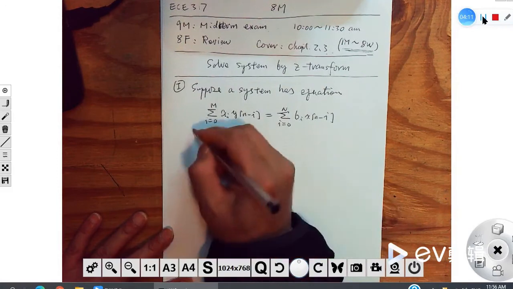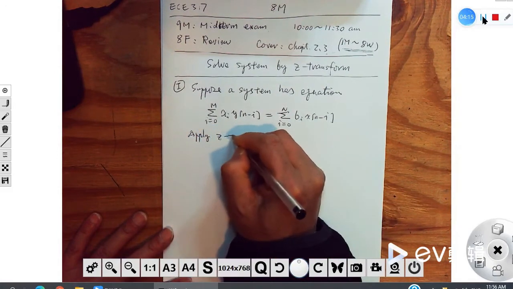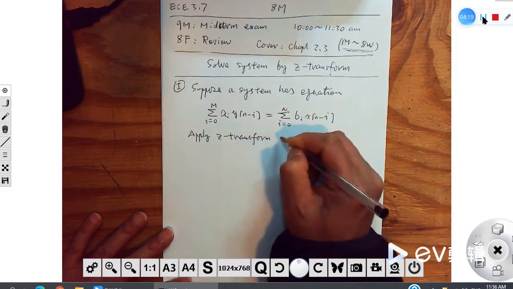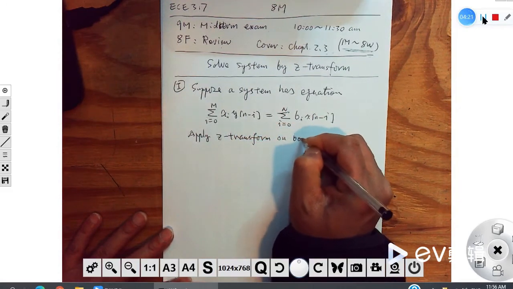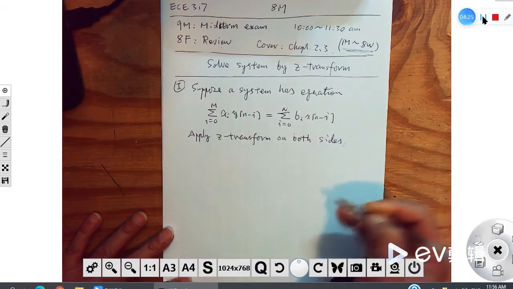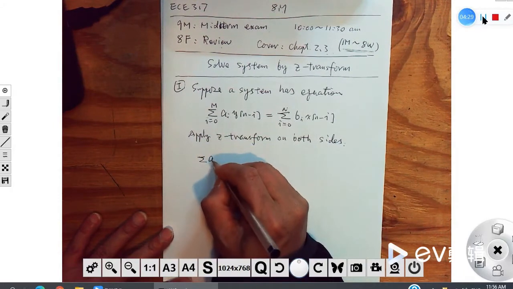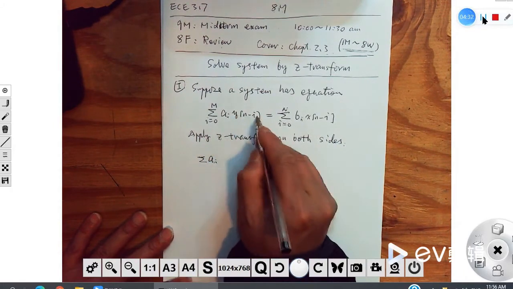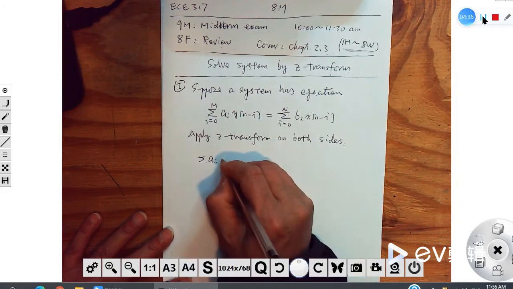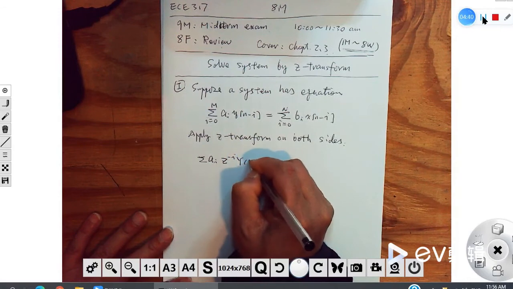You just apply the Z-transform on both sides. Then we have the summation of a_i, which is just a constant, times the delay of y. In the z domain, this is z to the negative i times capital Y of z.